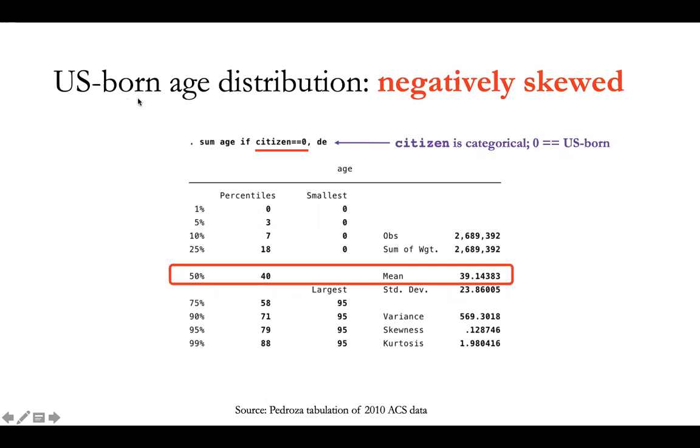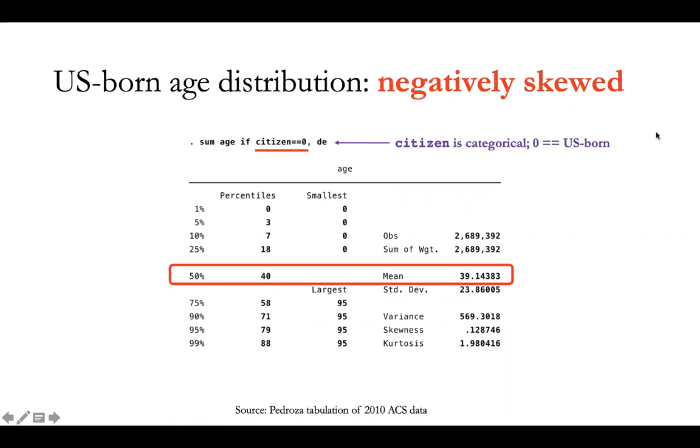So these are the US born. We're going to summarize age if your citizen variable is set to 0, and we're going to look at the details. Notice here, now we're getting a more clearly negatively skewed distribution where for the US born, median age is 40, mean age is 39.